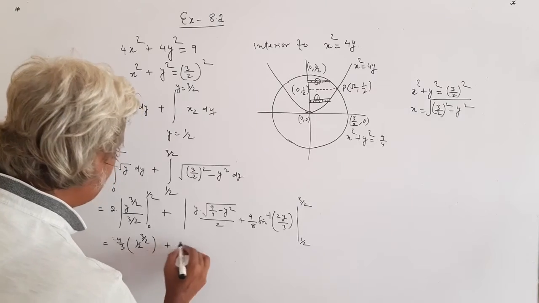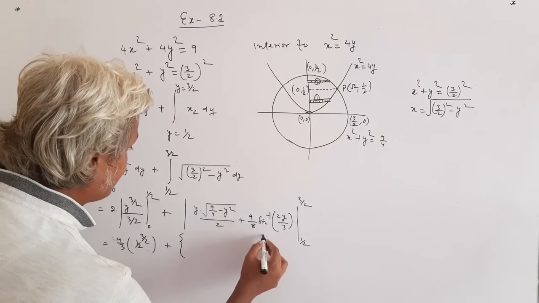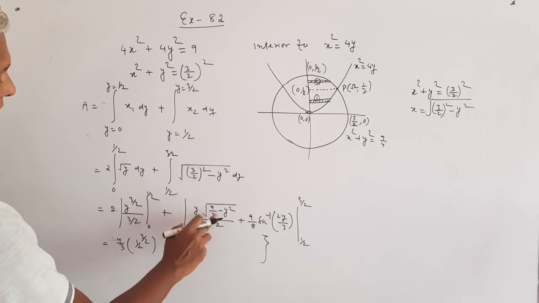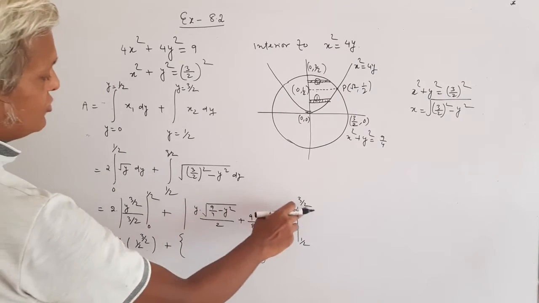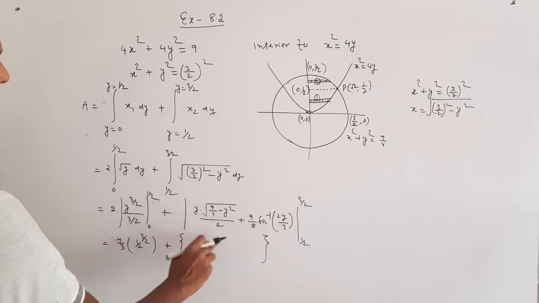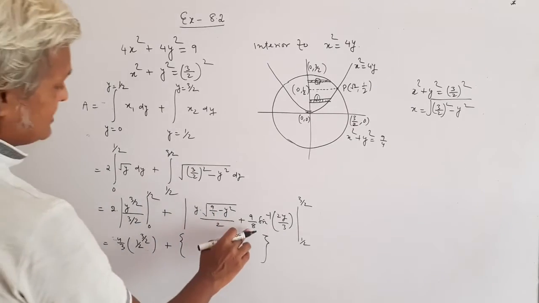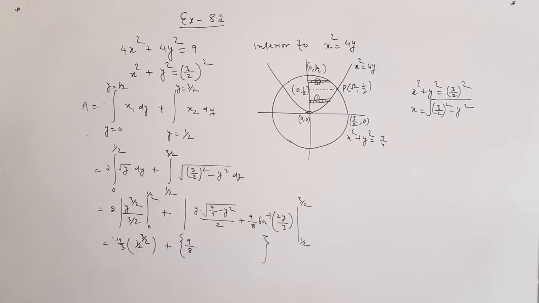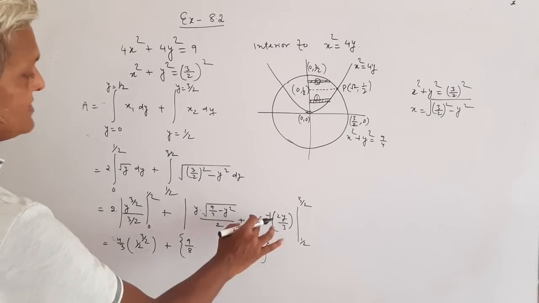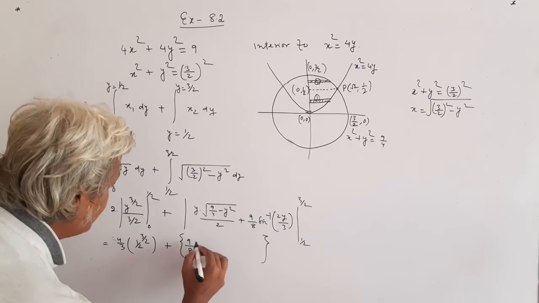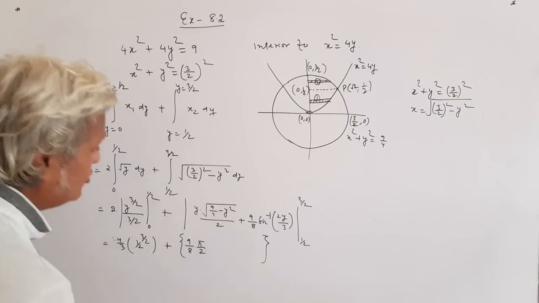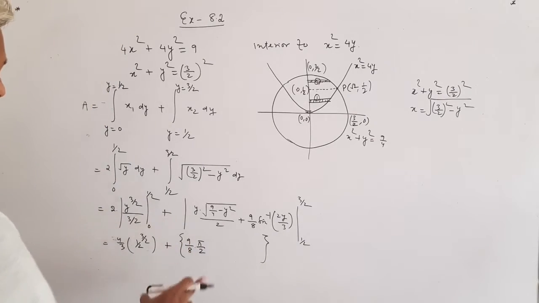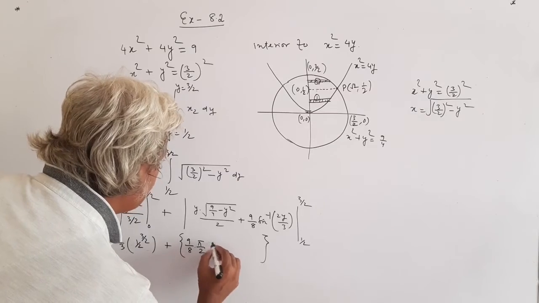Now plus, for this part I am writing everything in the curly bracket. Now if you write 3/2 at the place of y, so 9/4 minus y square, that is 3/2 square, is also 9/4. So this part vanishes. Done. Now this is 9/8 sine inverse y, and y is 3/2. This becomes sine inverse 1, that is pi/2. So pi/2. Now you go for this half. If you put half here, then what you get? Minus.